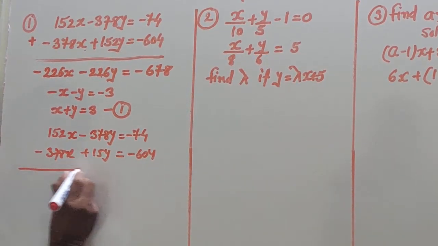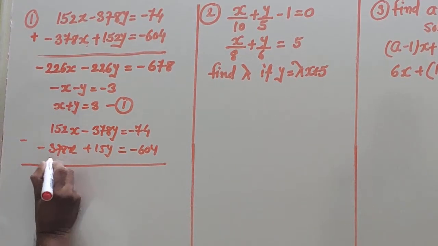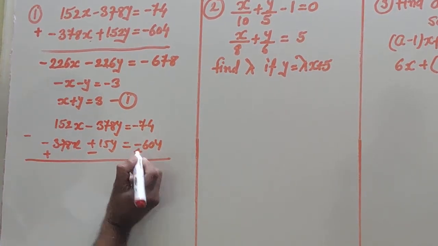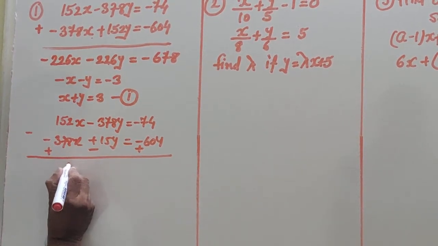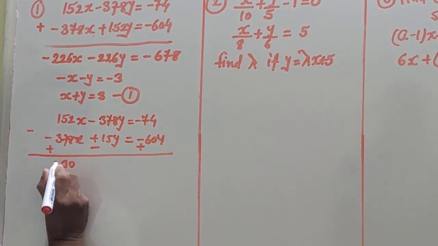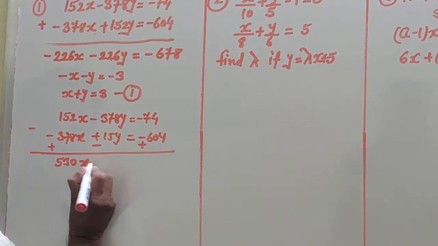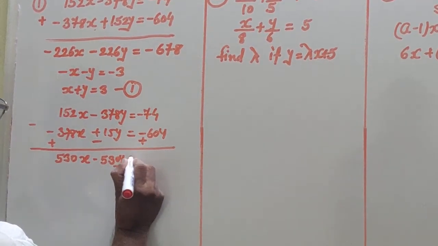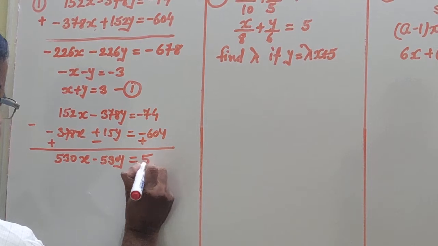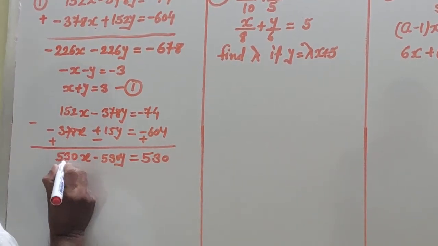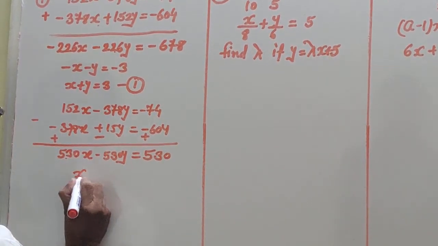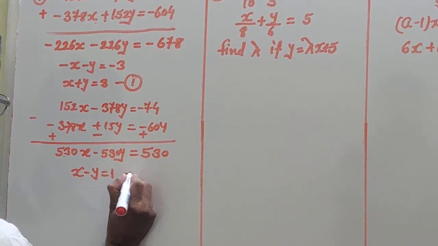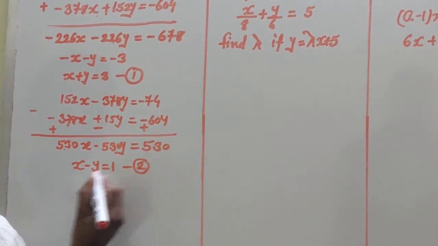In subtraction the sign must be changed. Now what will come here? 530x minus 530y is equal to 530. Then divide all these numbers, so you will get x minus y is equal to 1. This is your second equation, a simple equation.